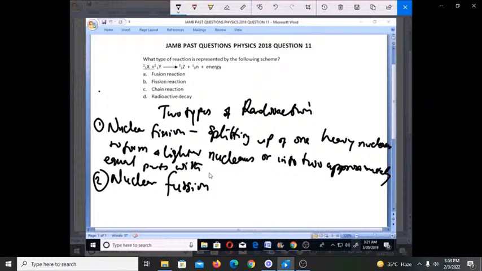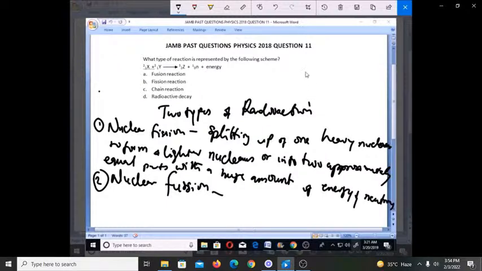And this breaking is with the release of huge amounts of energy and neutrons. So when this happens, we say that we have nuclear fission.